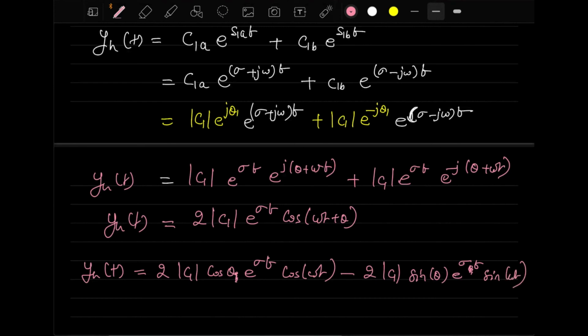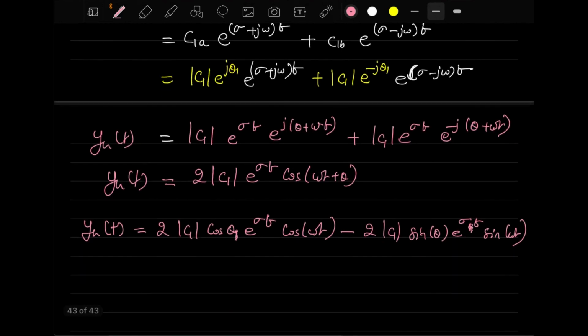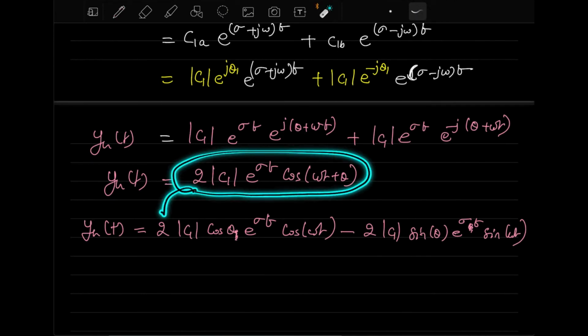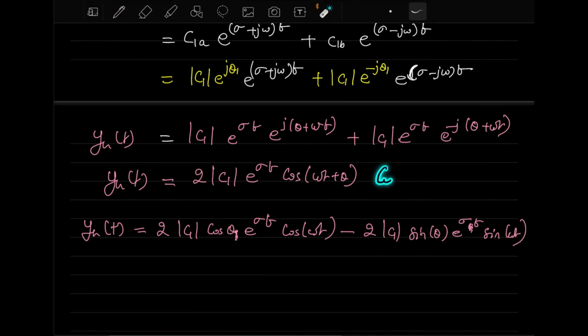So this is the second way of representing the same y(t), and we have done this by using the cos(a plus b) identity.